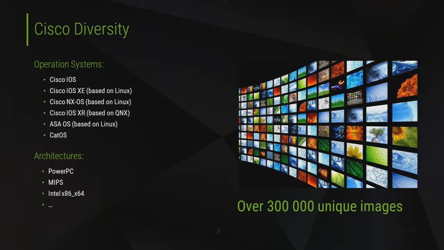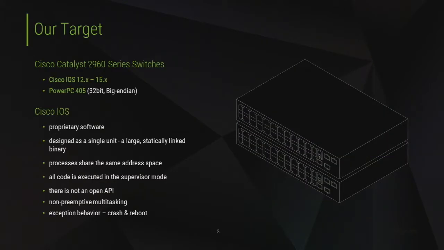That is why when we're speaking about Cisco exploitation, one should specify what particular device contains the vulnerability in question. In our research, we chose an affordable and widely spread model, the Cisco Catalyst 2960 switch. This device is based on the PowerPC 405 processor and runs Cisco IOS 12.x or Cisco IOS 15.x.